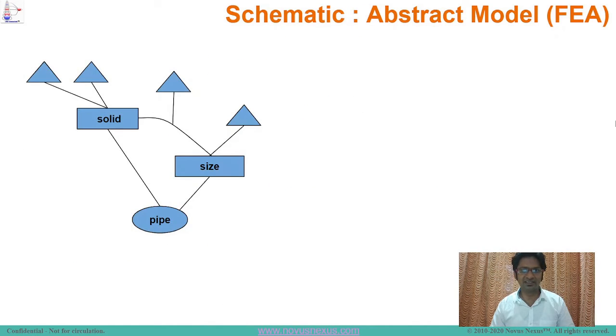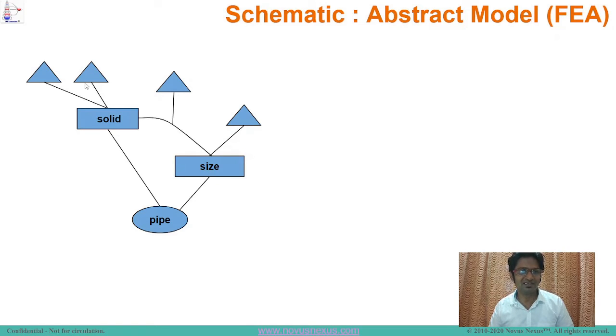Now, here is the schematic of an abstract model. You can see here the pipe represents the component, and the solid and size are the classes which are assigned to this component. One can assign any number of classes based on the simulation physics. Here only two classes are shown, but one can have any number of classes based on the requirement.